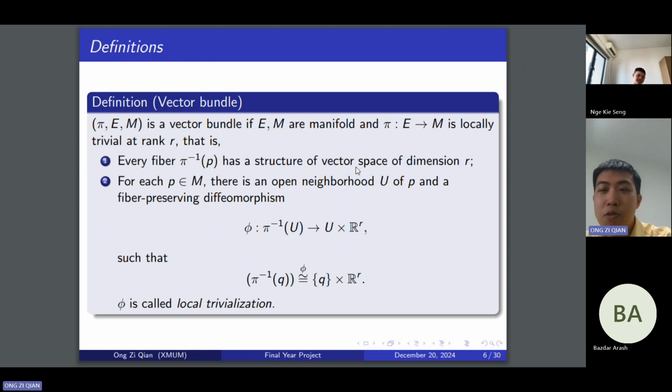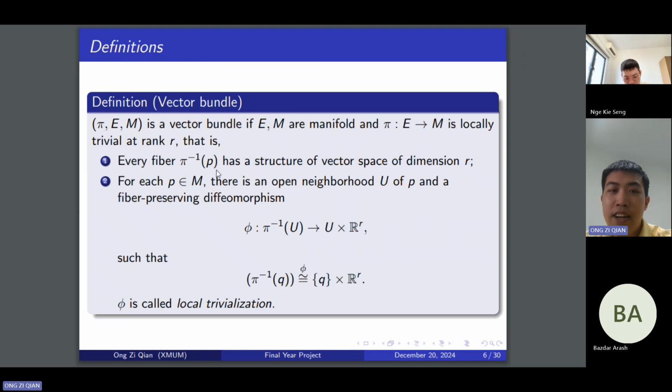So let us go through some manifold definitions before we look at an example of an instanton. The definition of a vector bundle is: we are given two manifolds E and M and a map pi from E to M such that pi is locally trivial of rank R. What is locally trivial of rank R?